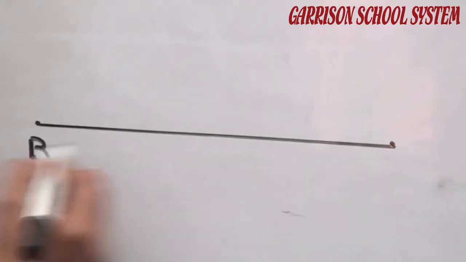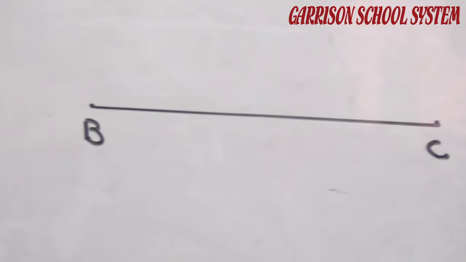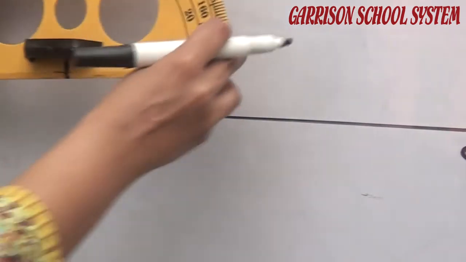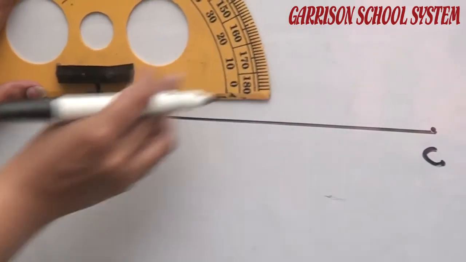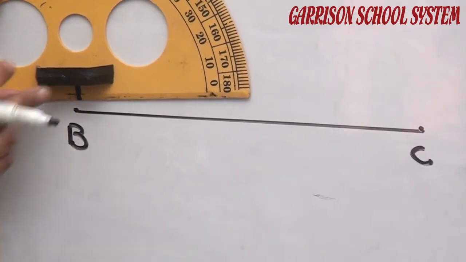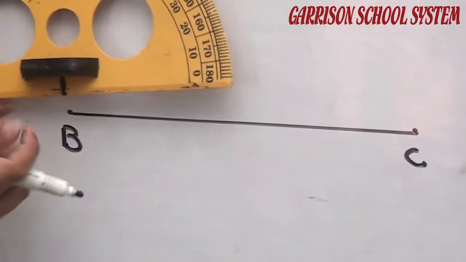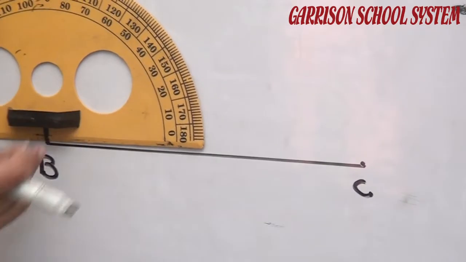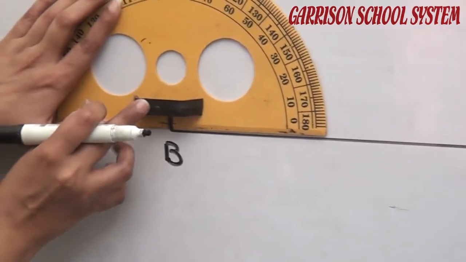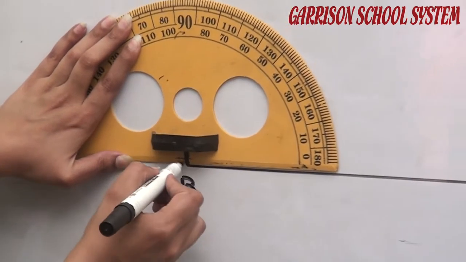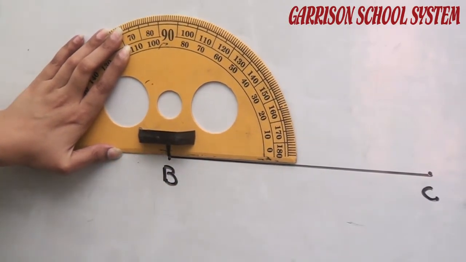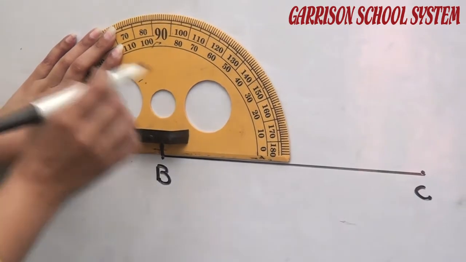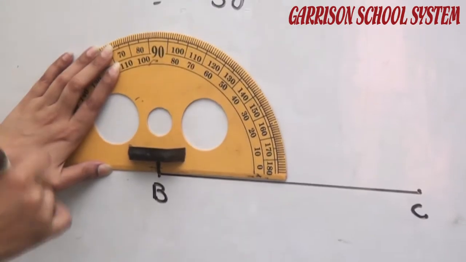We named the ends B and C, and after that we have a protractor. We put the protractor from its mid at point B. Now we count where 50 is.